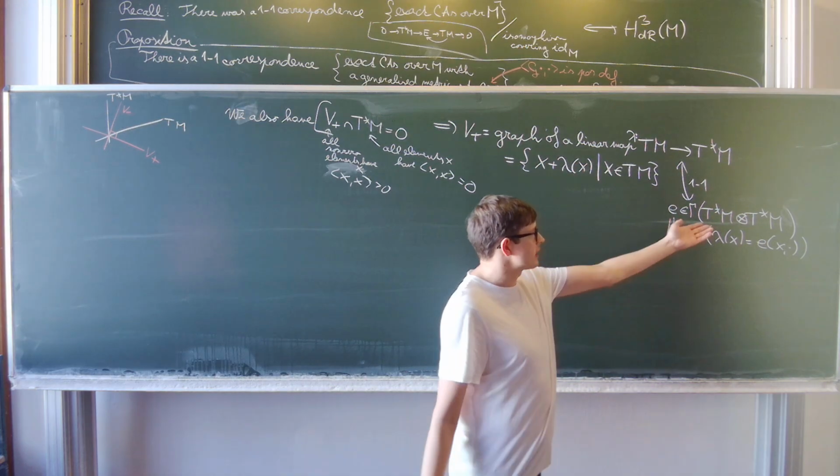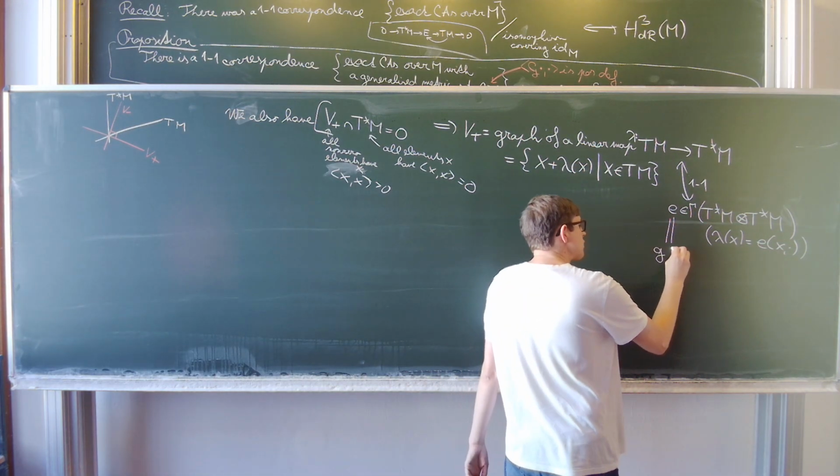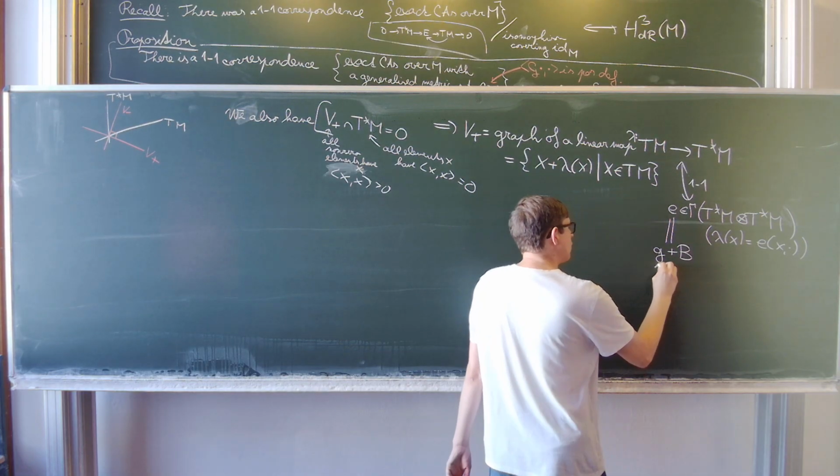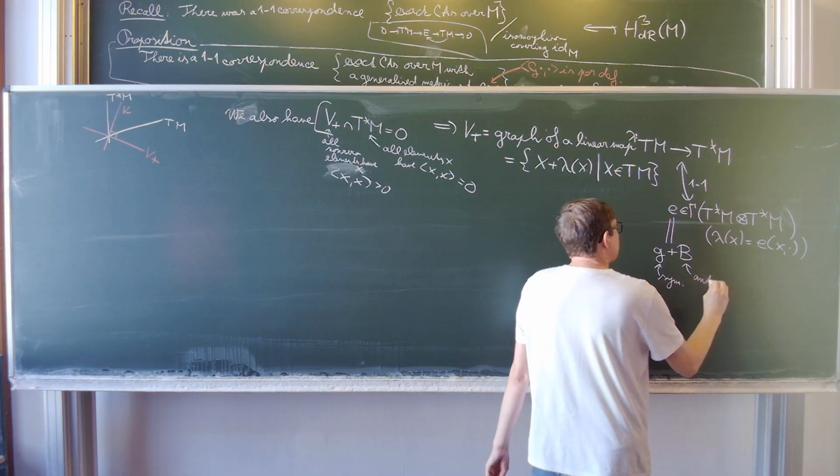When I look at this, I realize that it has a symmetric and antisymmetric part, so I can write this as G plus B, where G is symmetric and B is antisymmetric.